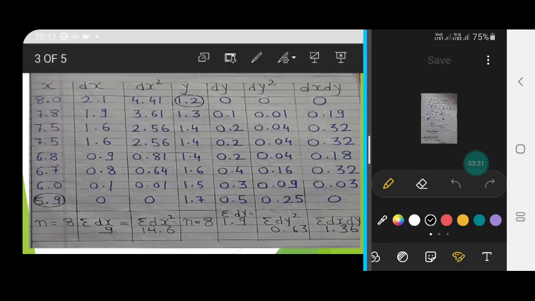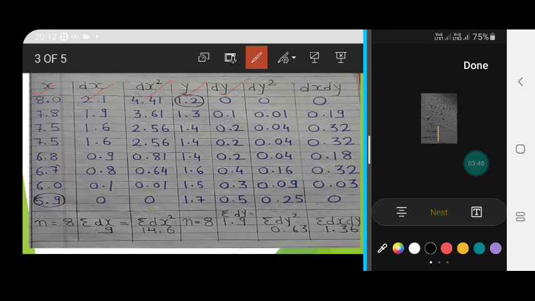Here you can see that a 7-column preparation chart has been drawn for the solution. Under the 7 columns, we have taken X, dx, dx square, y, dy, dy square, then dx dy.